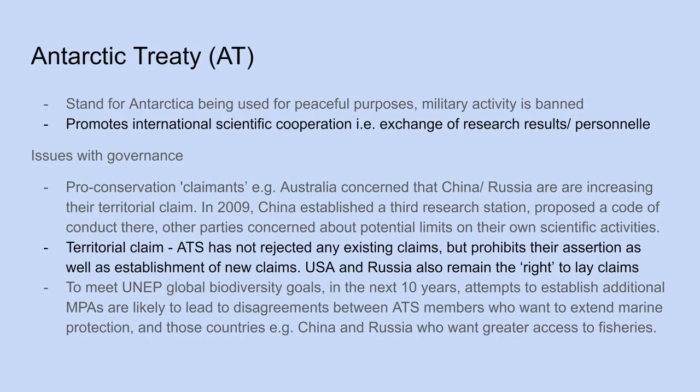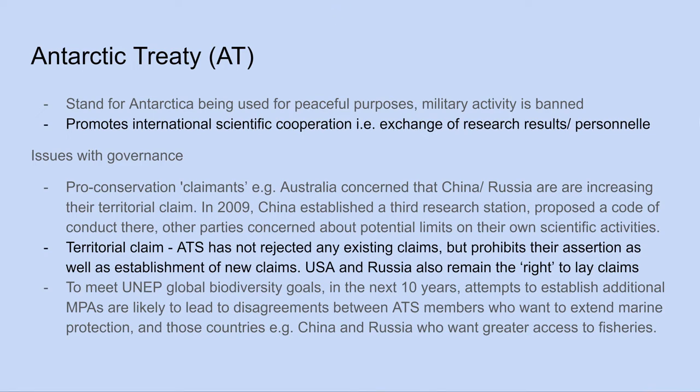So many countries come together to sort of say what happens and what the Antarctic Treaty does. In terms of territorial claims, the Antarctic Treaty has not rejected any existing claims, but prohibits their assertion as well as the establishment of new claims. The USA and Russia also retain the right to lay claims.